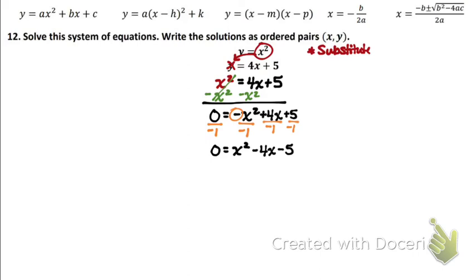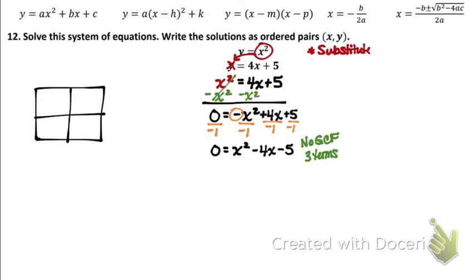Do we have a GCF? Nope. How many terms do we have? 3 terms. So I'm going to do an X and a box for this. A goes up here, so that's x squared. C goes down here, so that's -5. I have to multiply those two coefficients together, the 1 and the -5. So I need 2 numbers that multiply to give me -5.